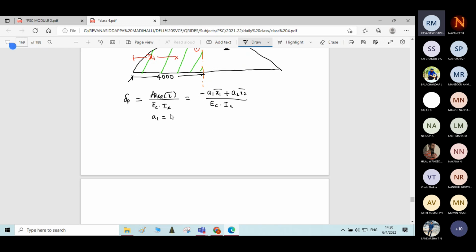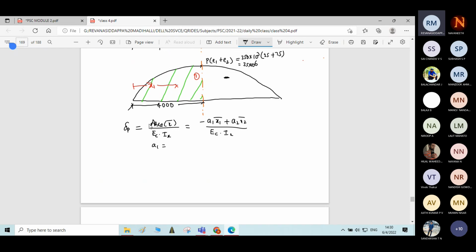What is the area of the parabola? 2/3 of b into h. 2/3 of b is 4,000 and h is 35 into 10 power 6. The answer is 9.33 into 10 power 10 mm square.